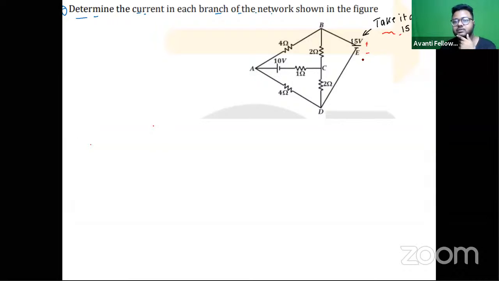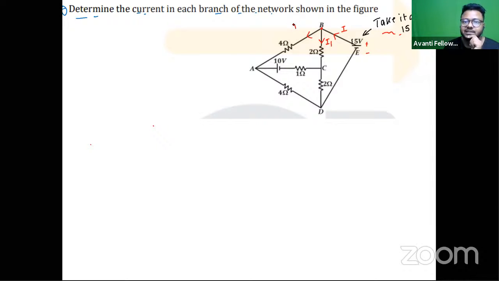So this is your plus, this is your minus, right? Suppose current I is going from here. When it comes to this branch, I have assumed that I1 is coming downwards. So how much current is going here?